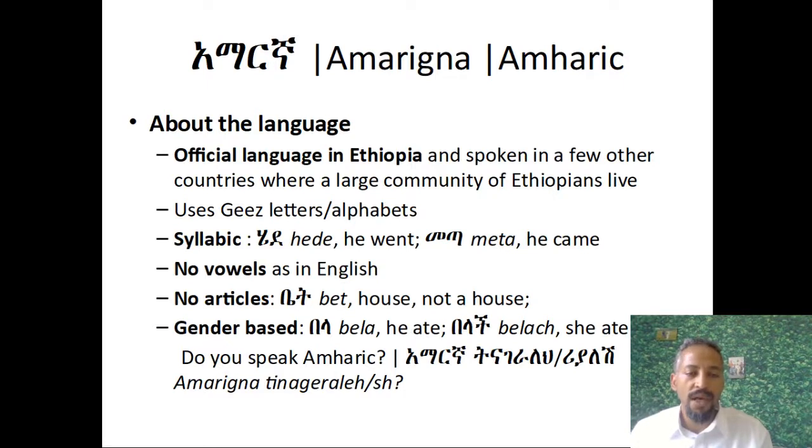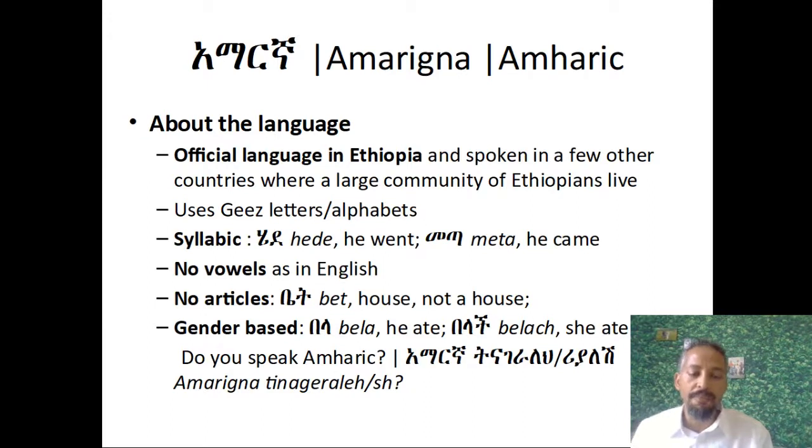Every noun is either male or female, and every verb is conjugated according to the gender of the subject it is talking about. If you say he ate, you say "isu bela", the masculine form of the verb. But if you say she ate, it will be in its feminine form, "belach".